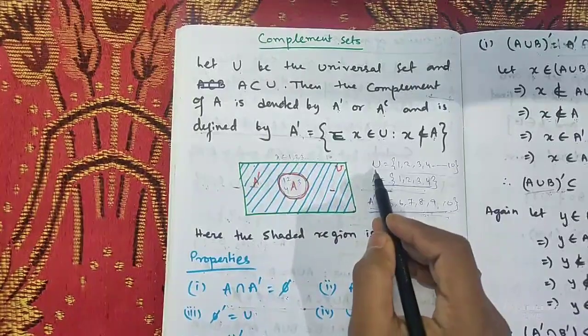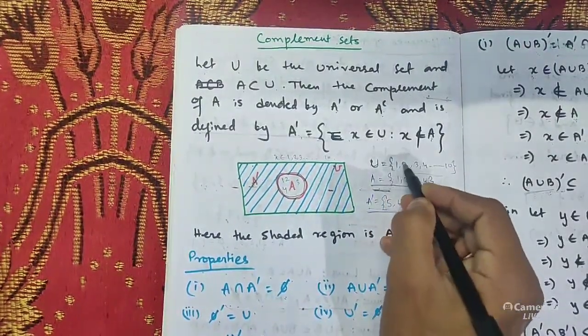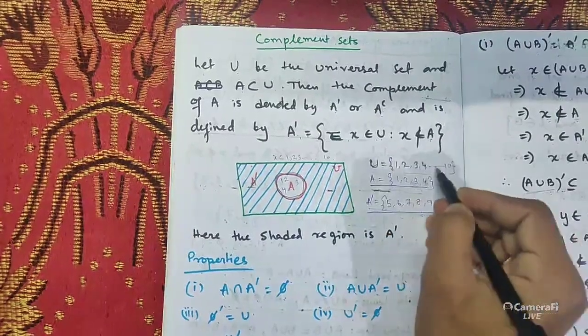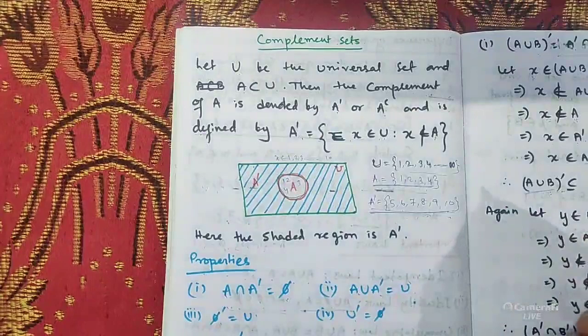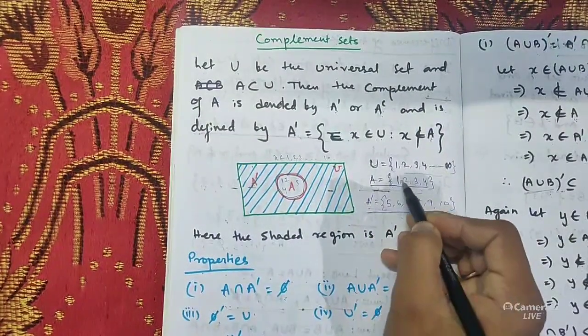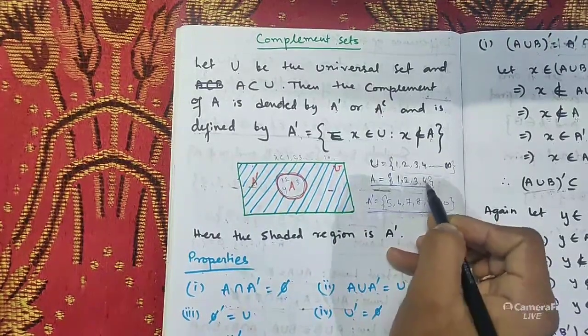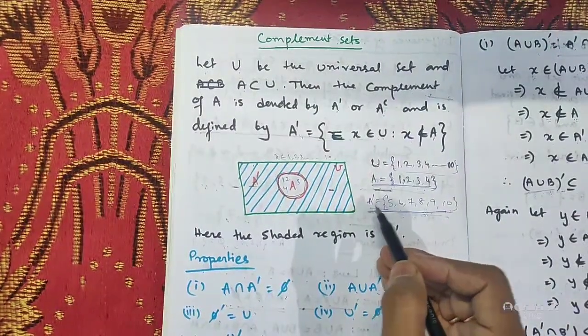If you are taking U equals to 1, 2, 3, 4 up to 10 and A set is equal to 1, 2, 3, 4, so what will be A complement?